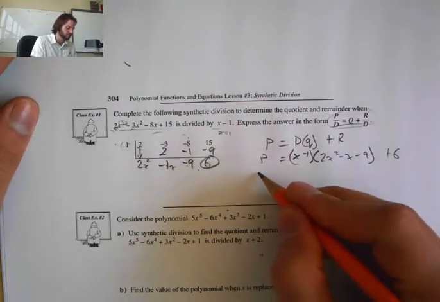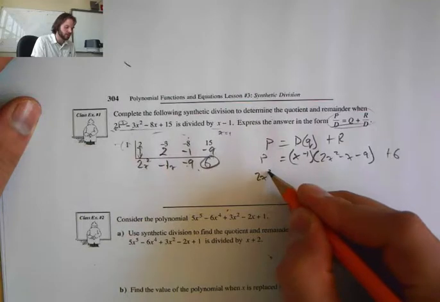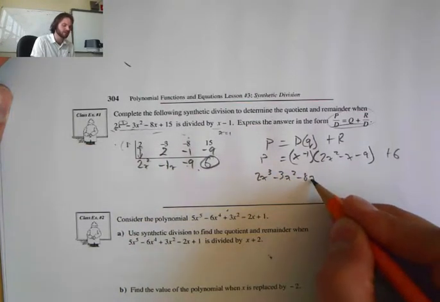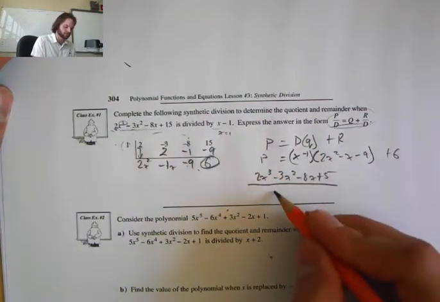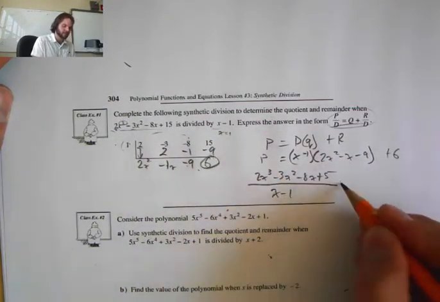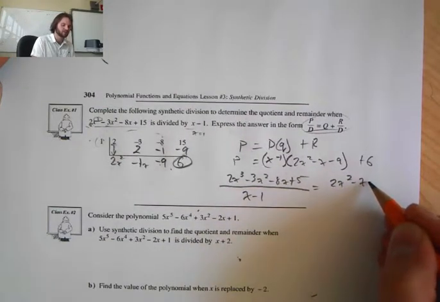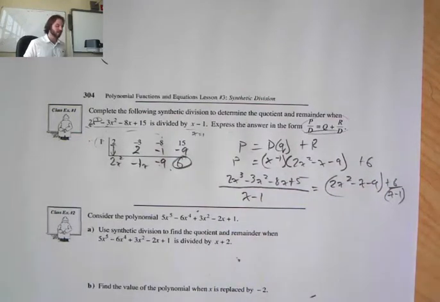So we have 2x to the power of 3 minus 3x squared minus 8x plus 15 all over x minus 1 is equal to 2x squared minus x minus 9 plus 6 all over x subtract 1. Now isn't that very fast and easy?